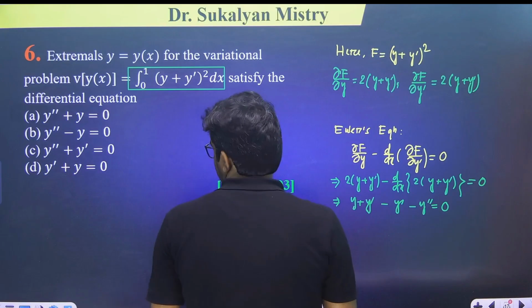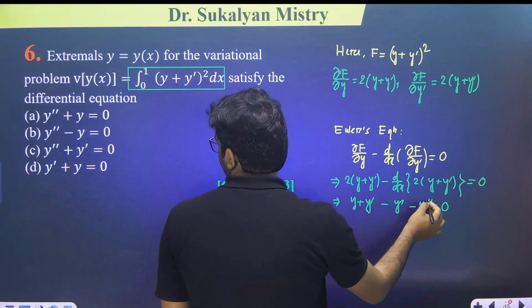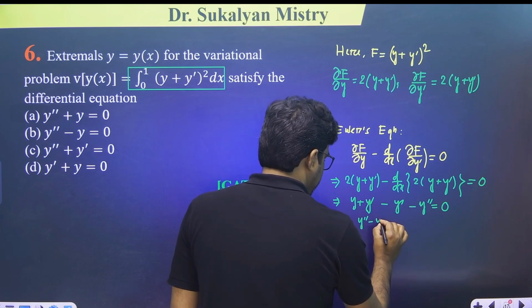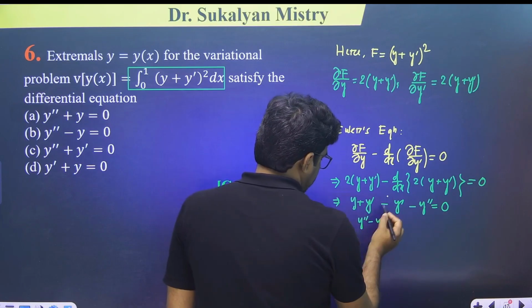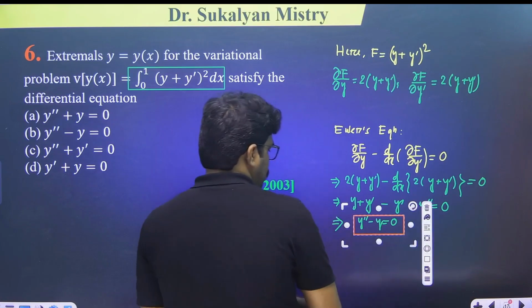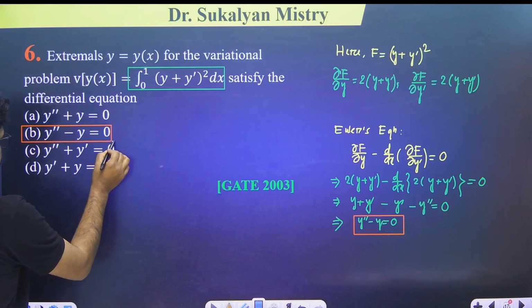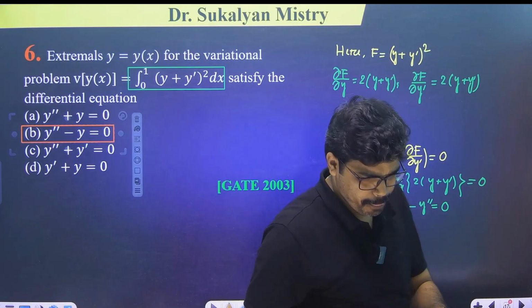The y dash terms cancel, so ultimately we get y minus y double dash is equal to 0. That means y double dash minus y is equal to 0. So this is the differential equation. Option B is the correct answer. It's a very easy problem.